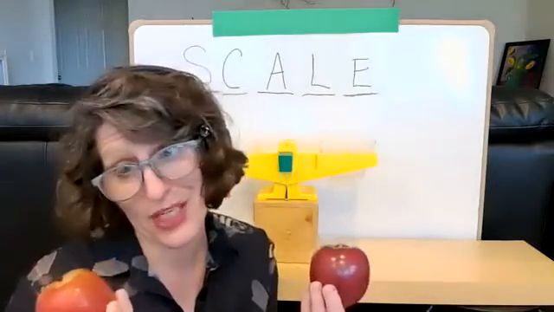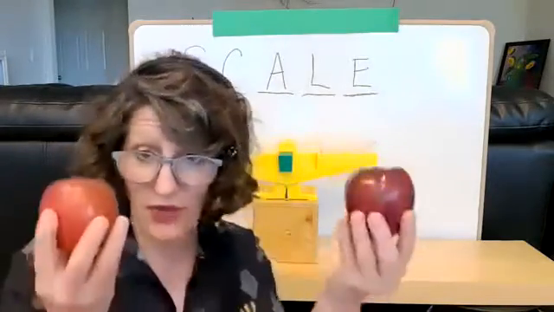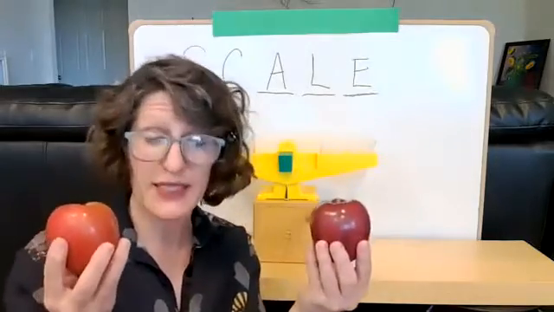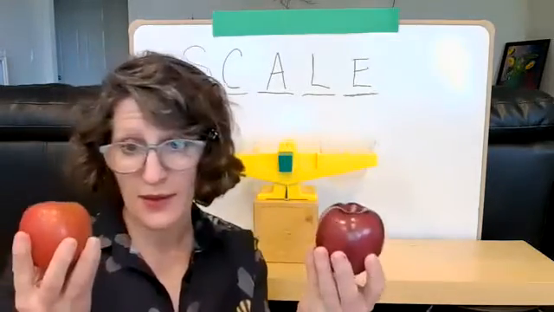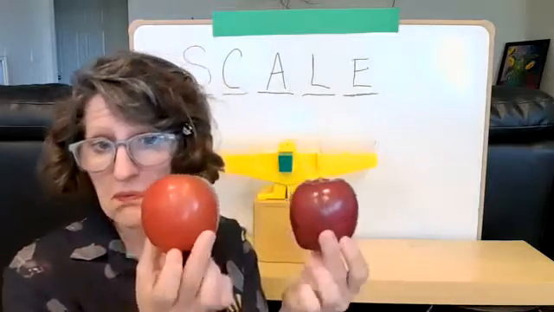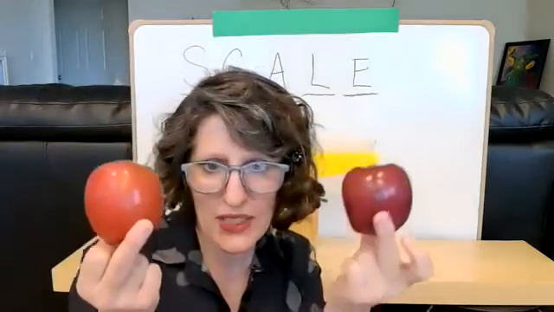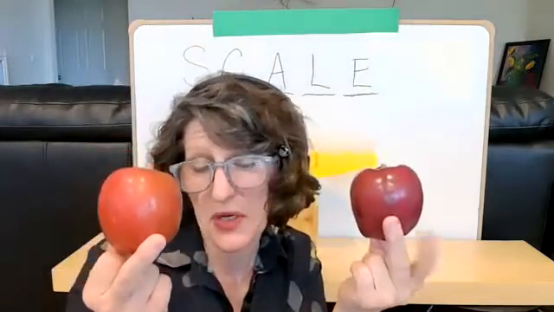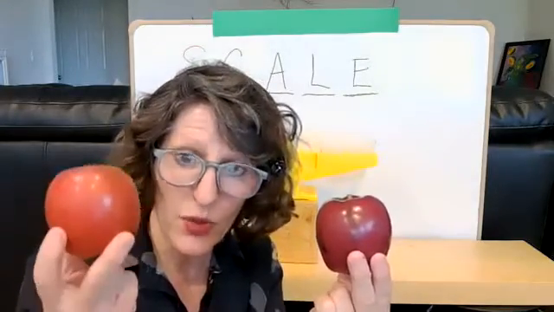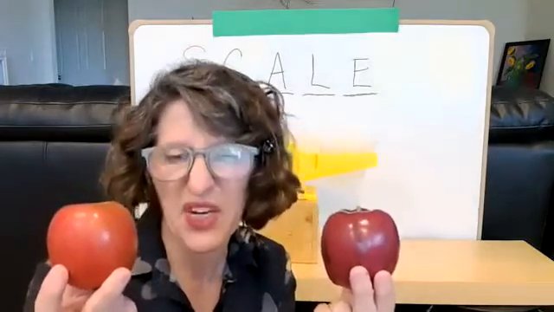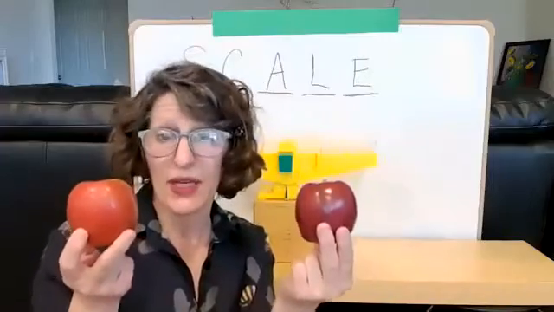Now we're just making a prediction. We have no information other than we're doing 2 apples. We're just predicting, which means you're making a hypothesis. I think maybe you'll notice that this one looks a little bit bigger. So maybe you're going to say, I think this one, the reddish gold one, looks a little bigger. So I think it's going to weigh more.